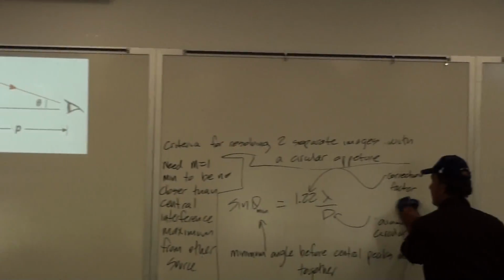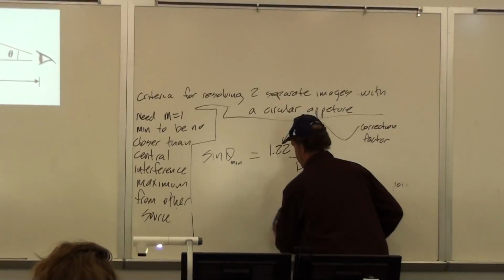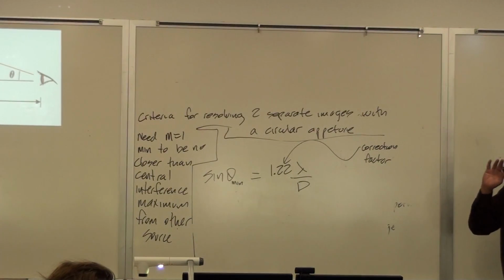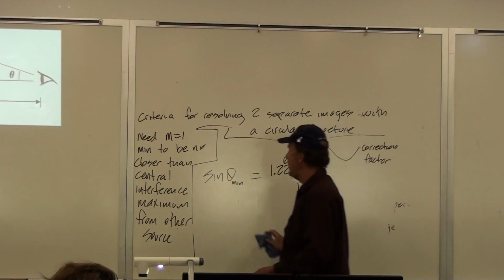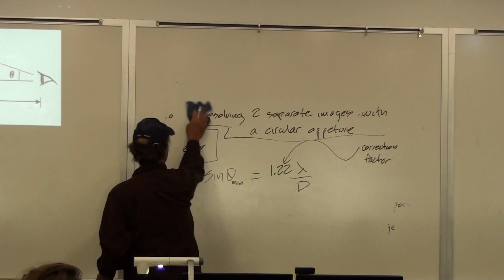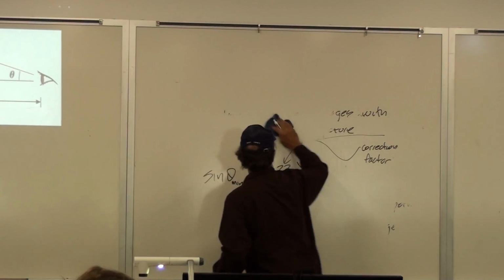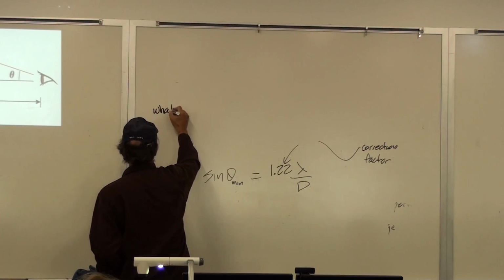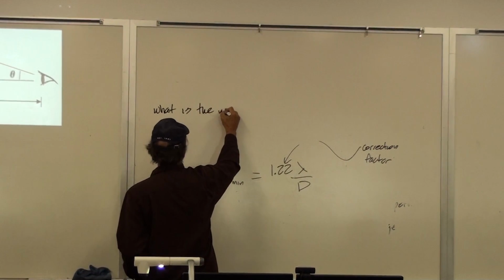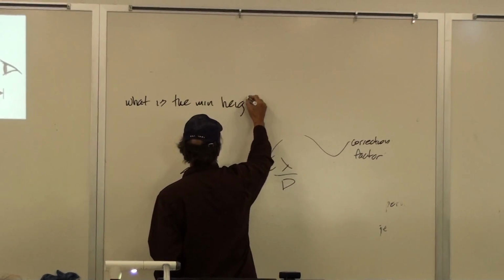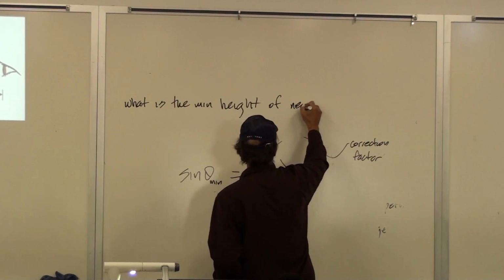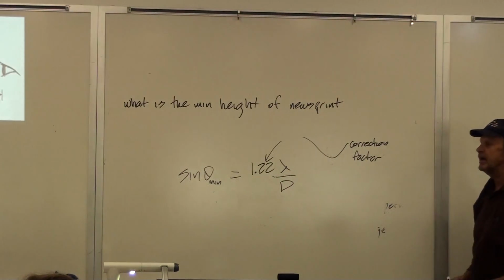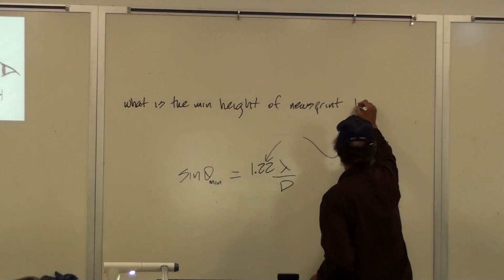Let's say that we have the ability to have an infinite number of retina cells available so that we don't have to worry about resolution of the image. We just want to look at the effects that are due to single slit diffraction around a circular aperture. Let's ask, what is the height of newsprint that can be resolved by an aperture diameter of 2 millimeters?